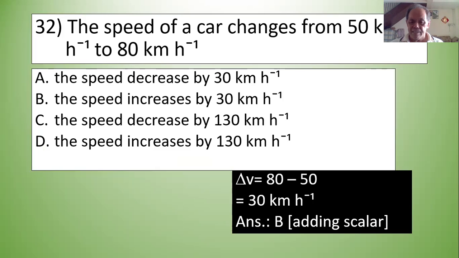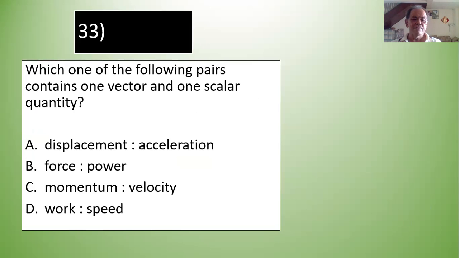The answer is B, the speed increases by 30 kilometers per hour. This one is just subtracting or adding, and you need to know how to identify which is scalar, which is a vector.